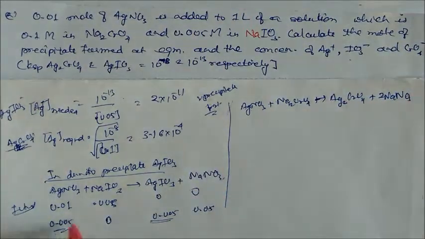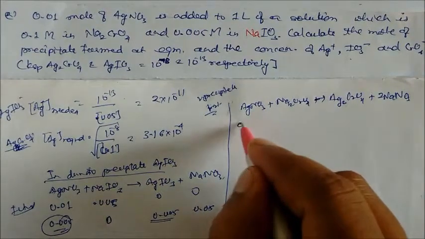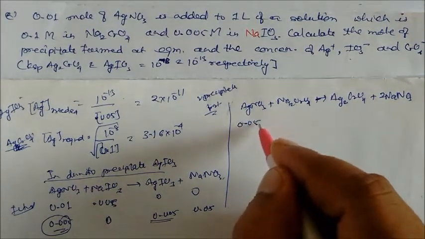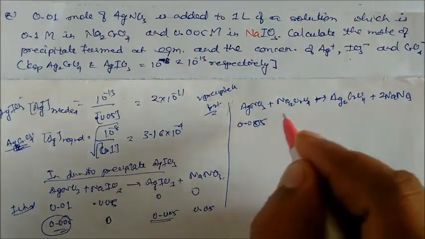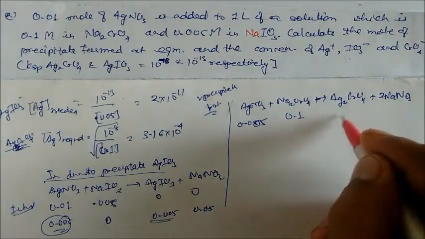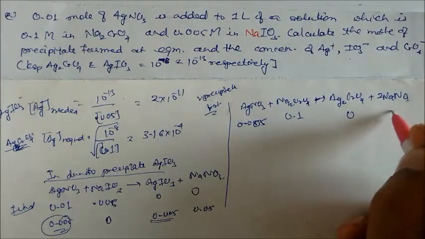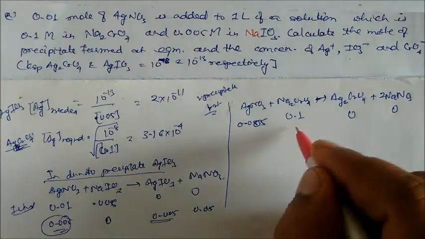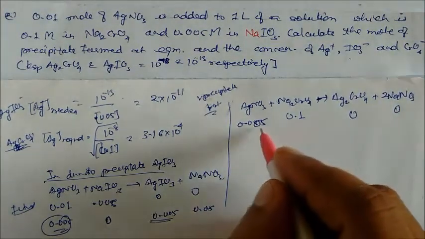So here this was left, so you put this value over here, 0.005. This is given here as 0.01 molarity, and chromate is initially 0, so here 0.1 molarity and 0.05 molarity.